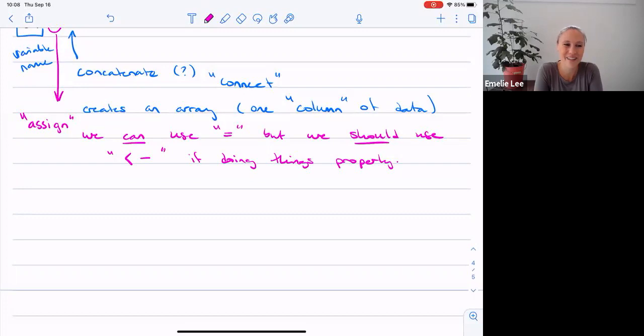I try not to, but I can't shake it. I've never had a problem with it, so I feel confident. If you really just want to use an equal sign, that's okay, but you will be ridiculed on the internet if you post something with an equal sign. Just beware, all the cool kids use this one here. That's what we should be using.